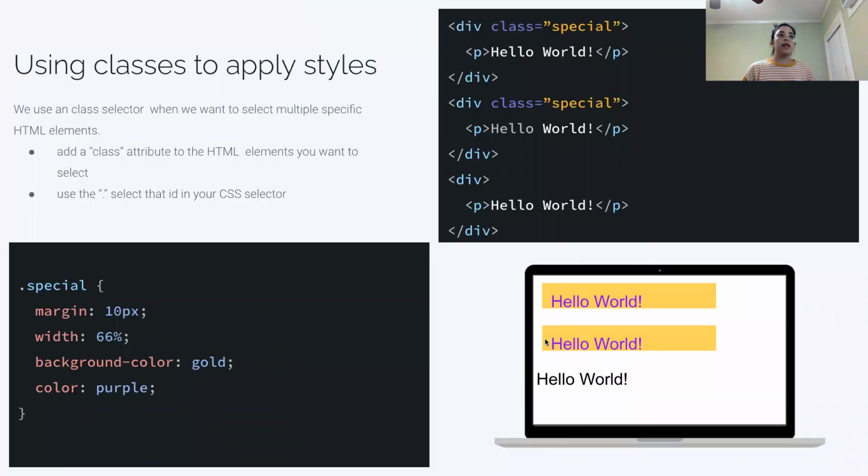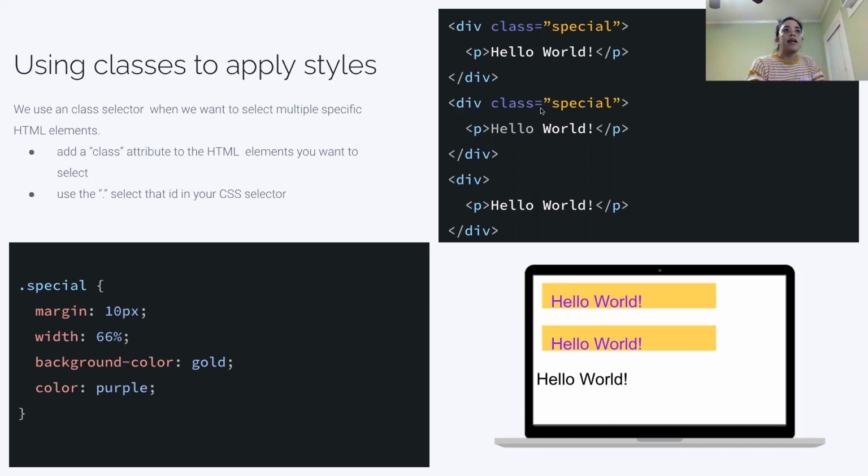So using classes to apply styles. In this top right snippet of code, you can see we've got a few divs with a few p tags, but you'll notice we've got this attribute here, right? It's that piece of code that's got a keyword, then an equal sign, and then a value.